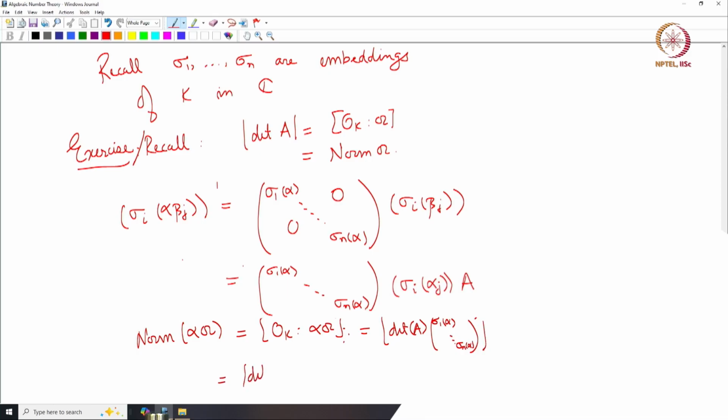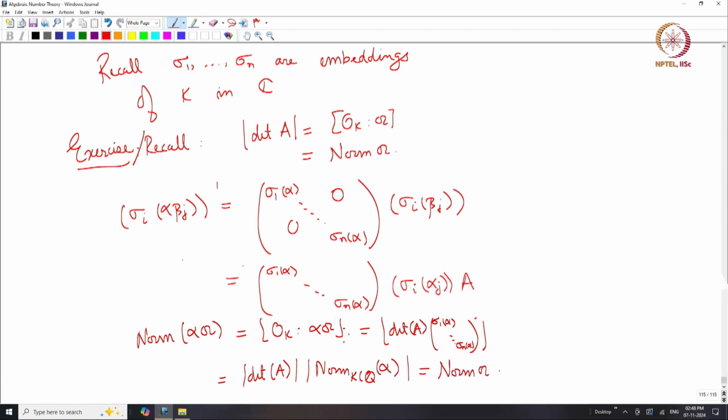That is simply the norm of alpha. And we already recalled that the determinant of the matrix A is the norm of A, and so we get what we want, the norm of alpha from k over q. That is a very good relationship to have between these norms.